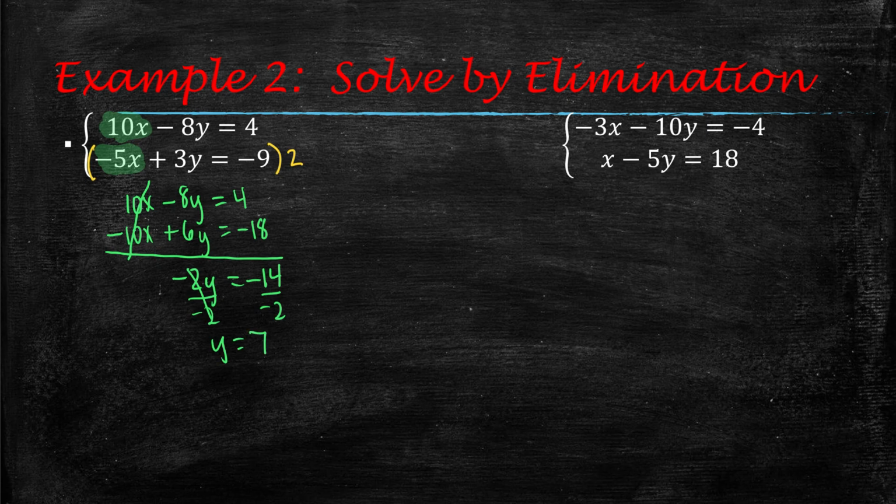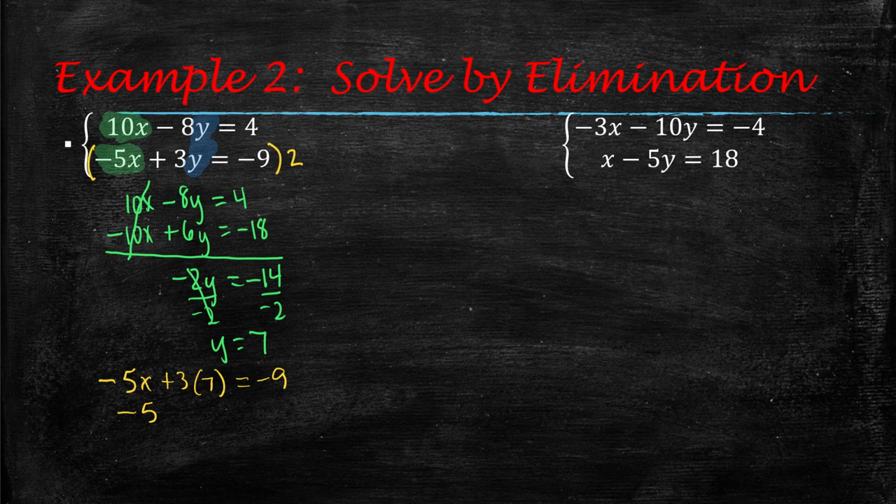Okay, well now, since you have that y value, you're going to plug it in to either equation where you have a y. So let's take the bottom equation, because it has smaller numbers, and let's plug in y of 7. So negative 5x plus 3 times 7 equals negative 9.